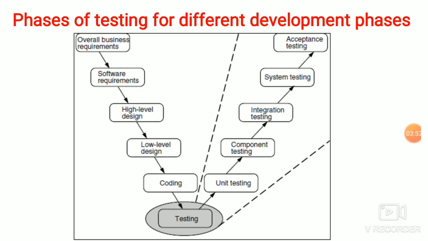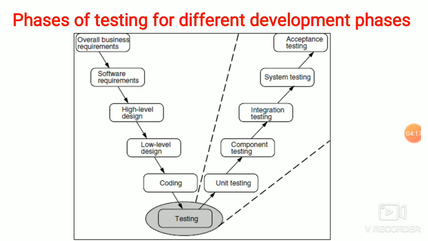The components that are the outputs of low-level design have to be tested independently before being integrated. Thus, the testing corresponding to the low-level design phase is called component testing. Finally, coding produces several program units.